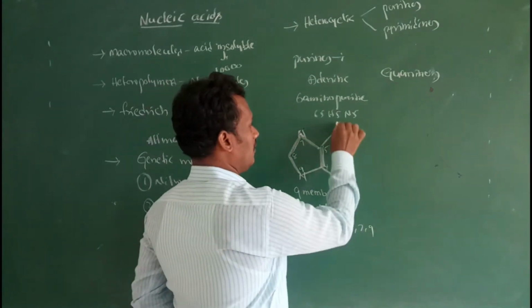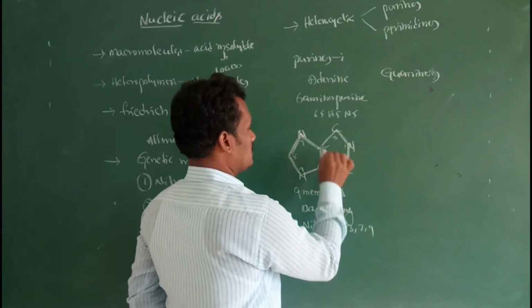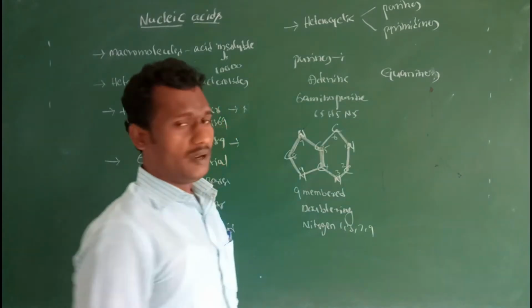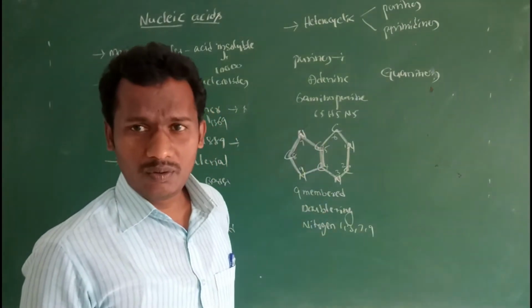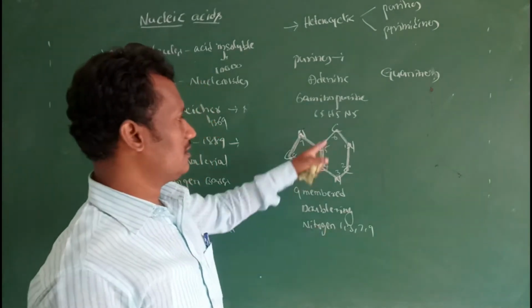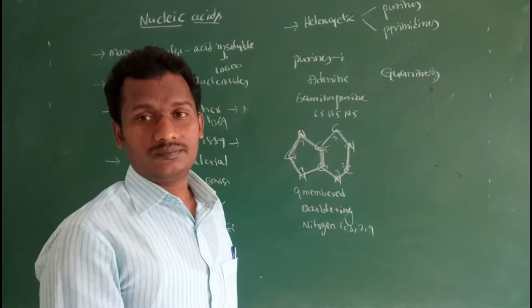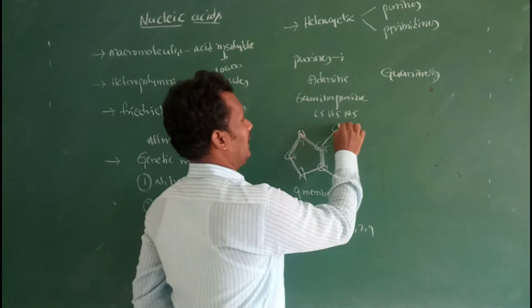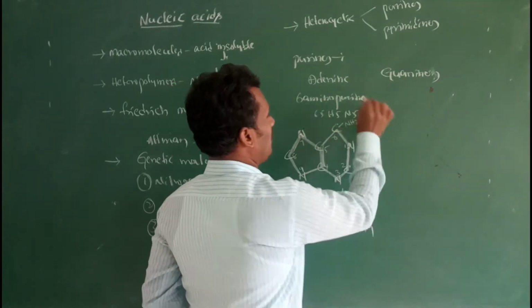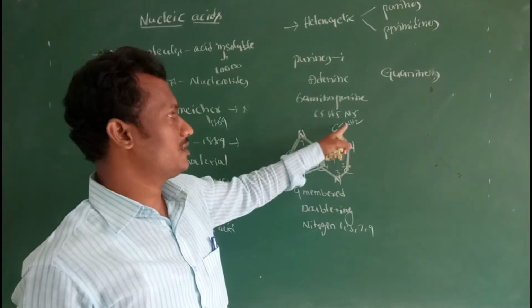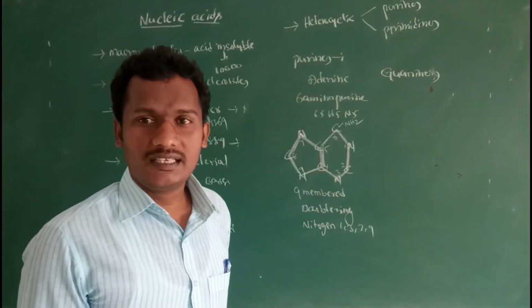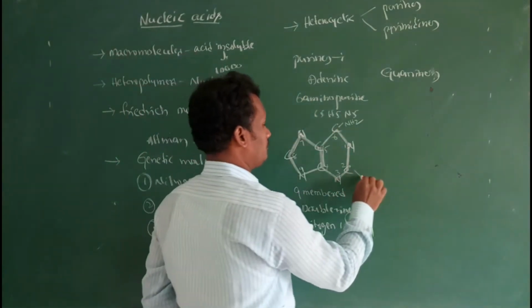The remaining positions are carbon positions. Why is it called 6-aminopurine? Because the amino group is attached at the 6th carbon position.